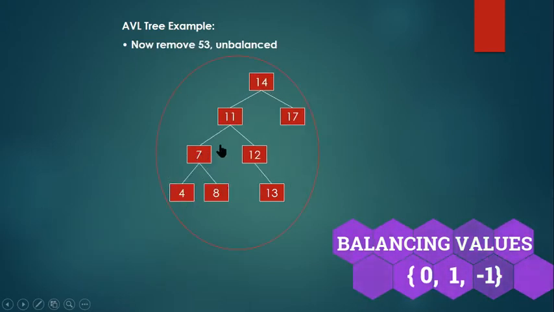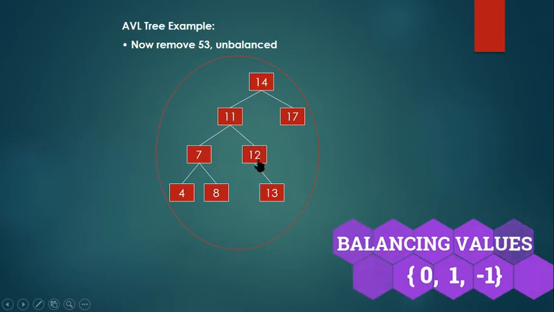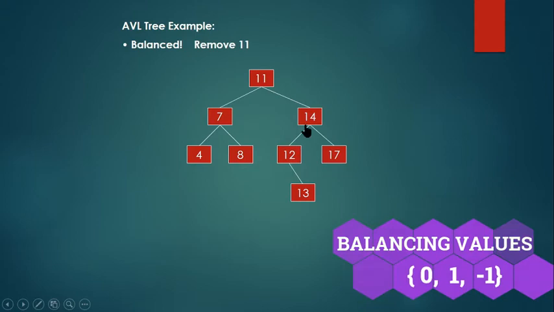See this 7, 4, 8 joined with 11. It's all in the left side. And this 12, 13 joined with this 14. Since 14 dropped down, 17 will come to the right side, 12 and 13 come to the left side. Since 12 and 13 are lesser than 14, they should be at the left side.